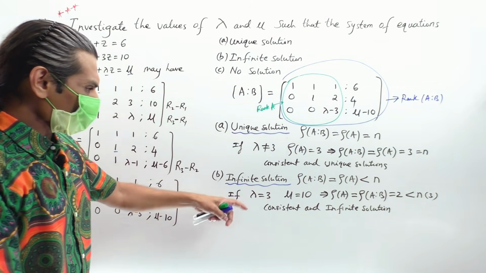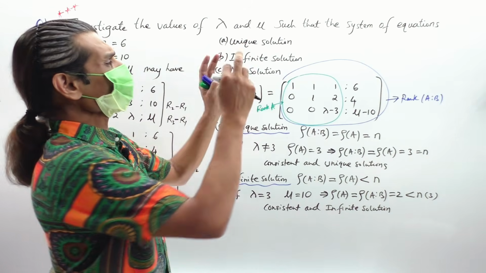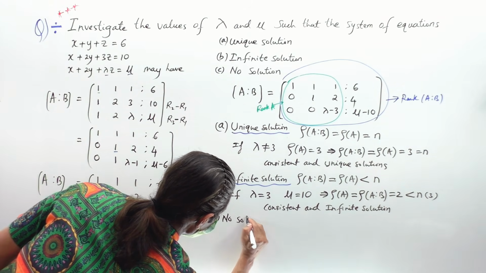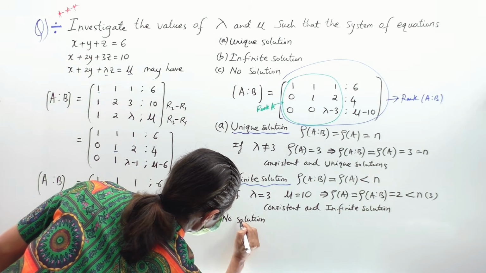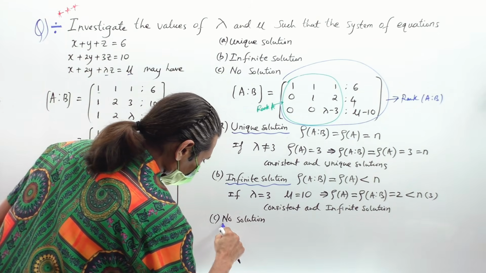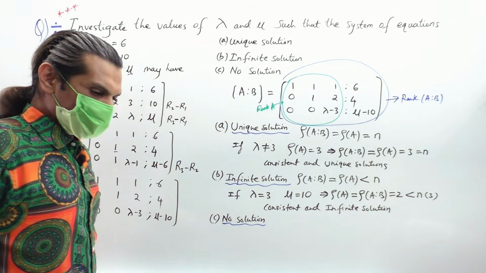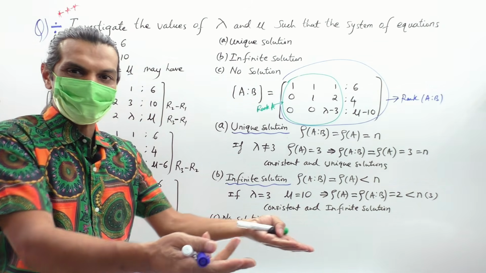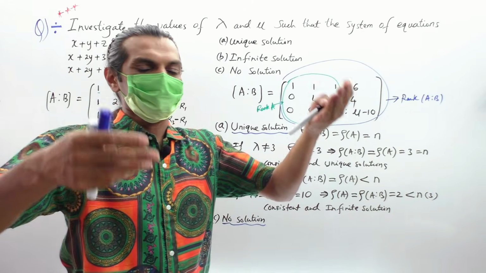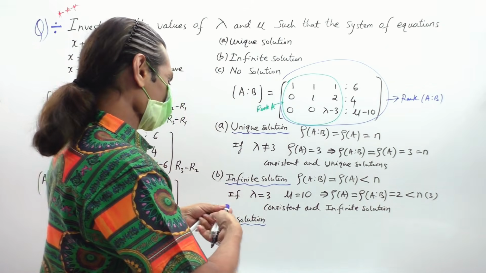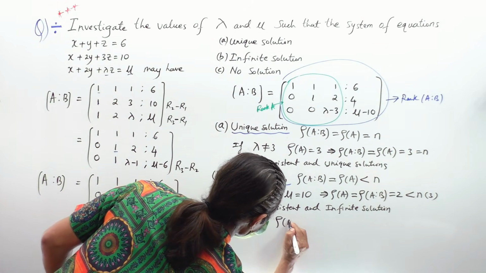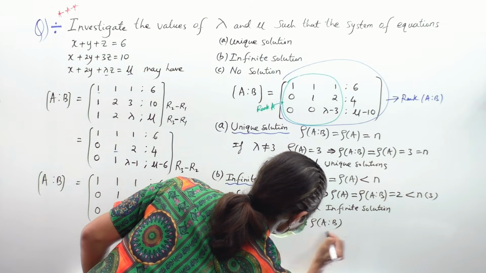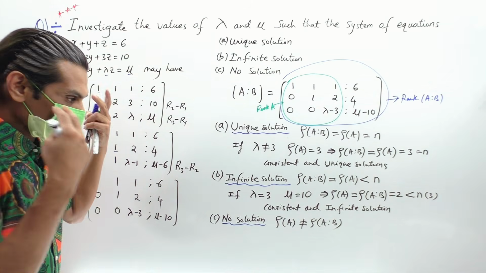What is the condition? If lambda is equal to 3 and mu is equal to 10. The last part, no solution. Again, when does the system have no solution? The theory is in front of you. When rank of A is not equal to rank of A augment B. That is it. If rank of A is not equal to rank of A augment B, then it is no solution.